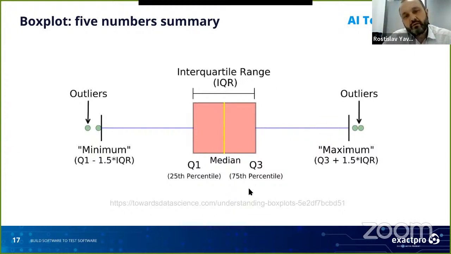Sometimes you draw it for your whole data set, and sometimes you remove outliers, draw the box plot, and then put the values for the outliers. So this is very useful, very simple, very widely accepted type of visualization in statistics, the box plot.